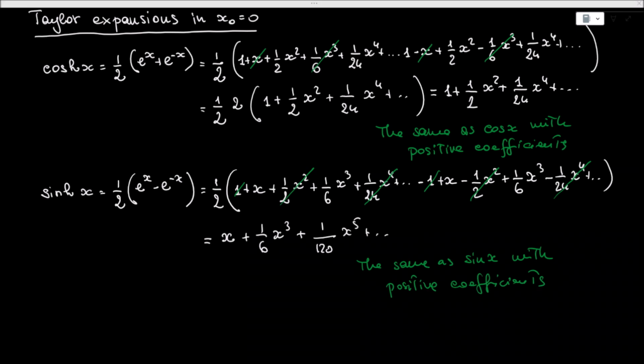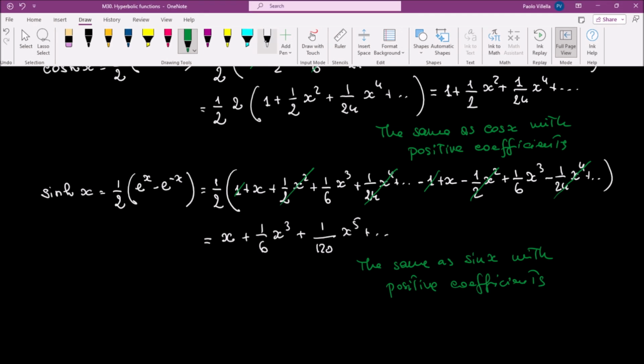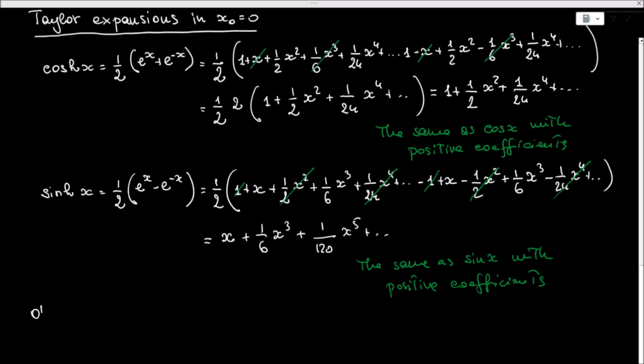Now, by looking at these two Taylor expansions, we realize that if we sum hyperbolic sine of x and hyperbolic cosine of x, what we get is exactly the Taylor expansion of the exponential. So we can make the following observation.